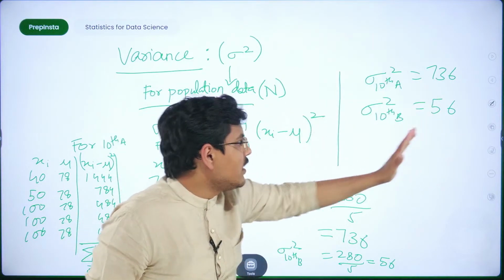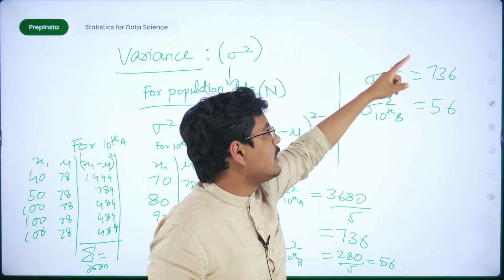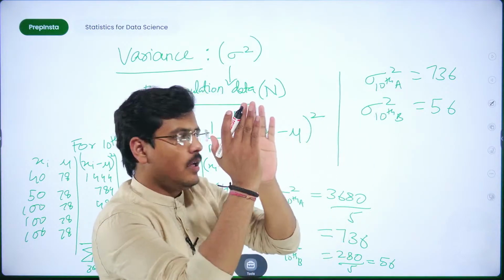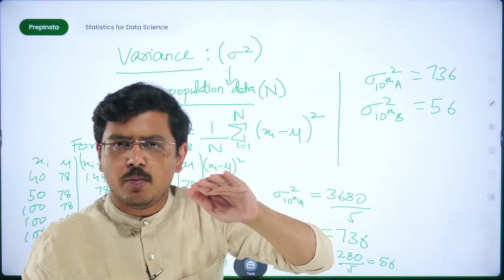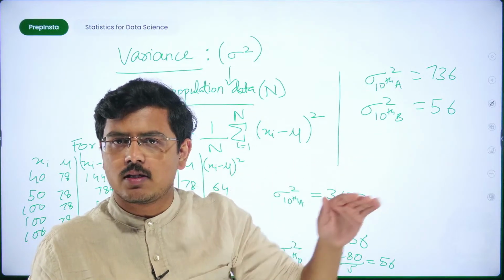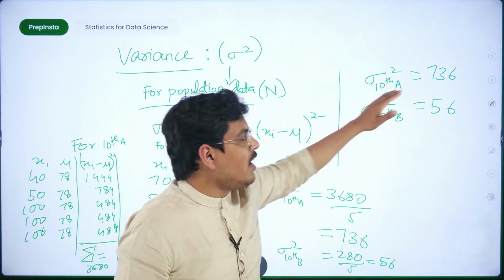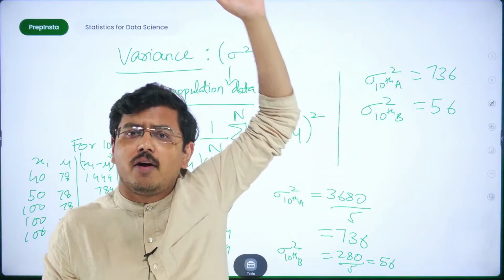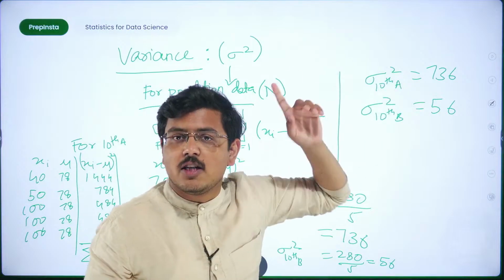Now this variance gives you a number which shows that the distance between the absolute values and the mean is quite large in 10th A, whereas in 10th B everybody is almost similar. This value is somewhere near central tendency, but this value is far, far away from central tendency. So that helps you measure dispersion.